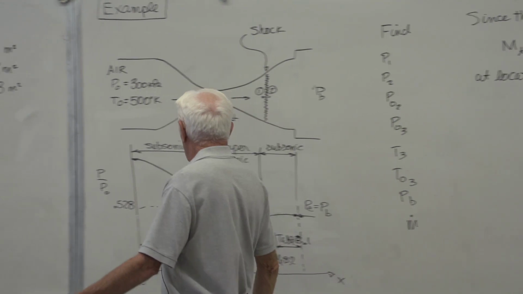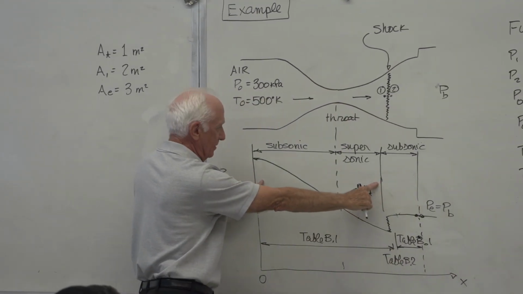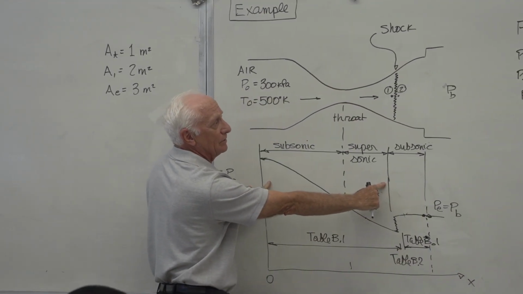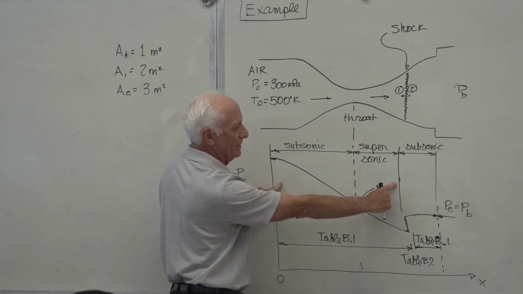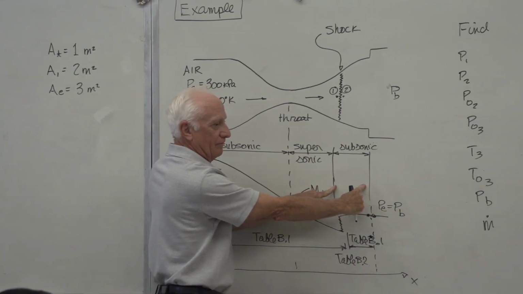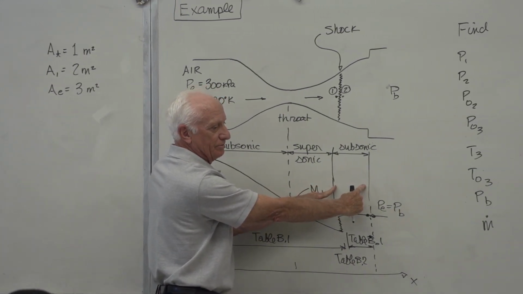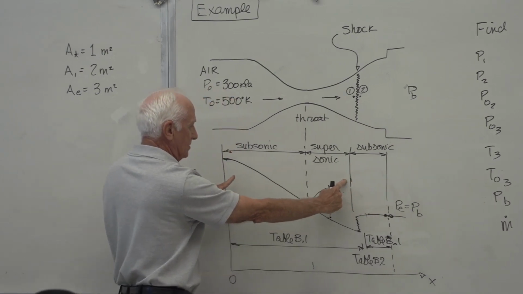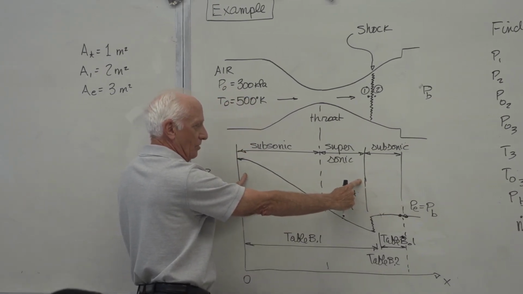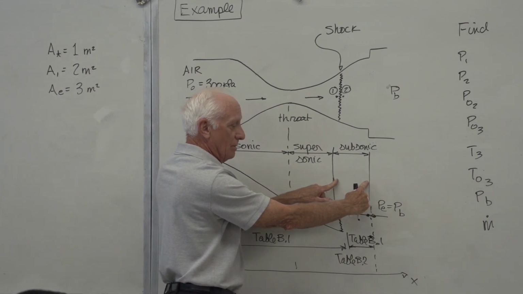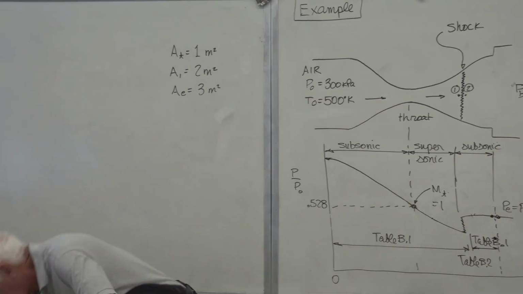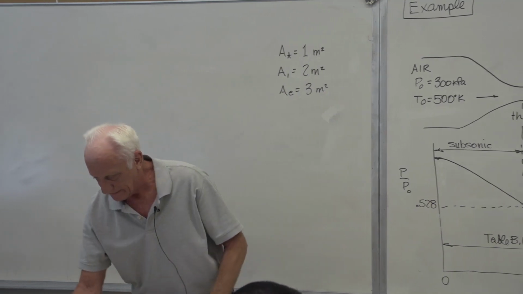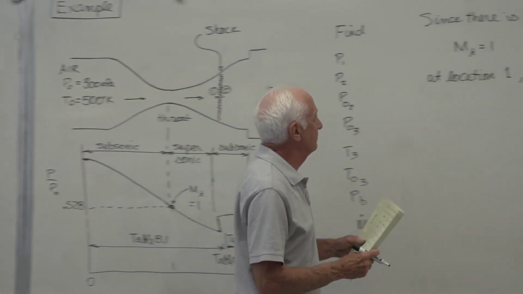Anywhere from here to here, between my 2 fingertips, A star in that region is 1 square meter. Okay, so one value of A star is good here. When you go across the shock, you get a new A star, which is valid anywhere downstream. So now I know A star 1 and A star 2.